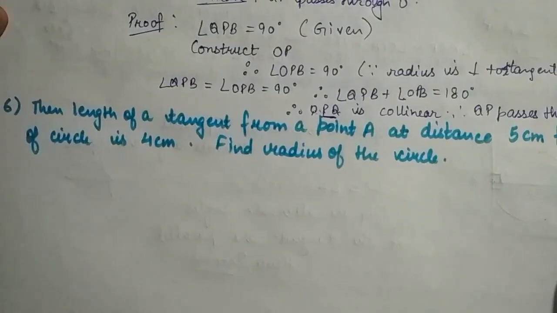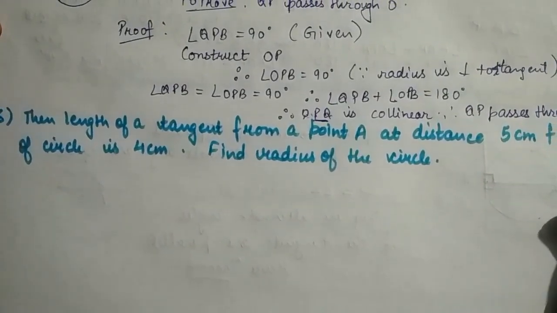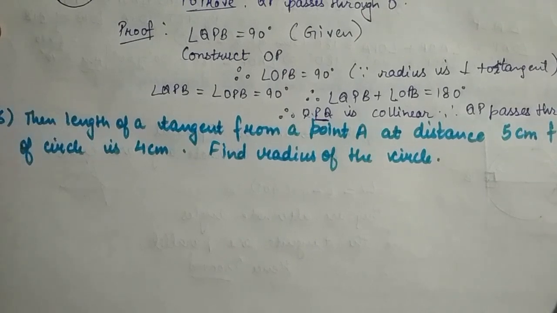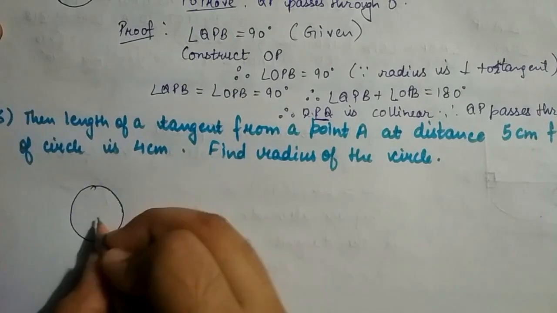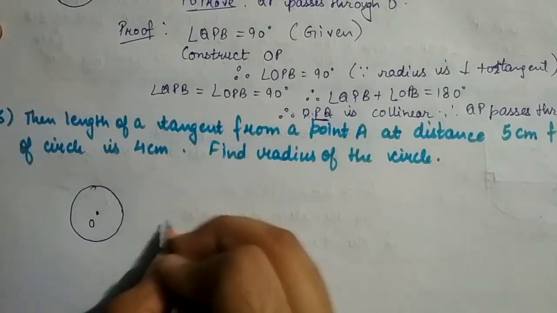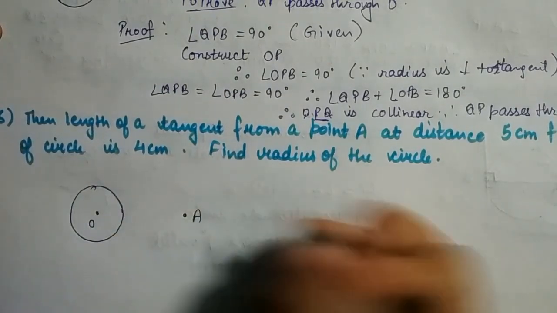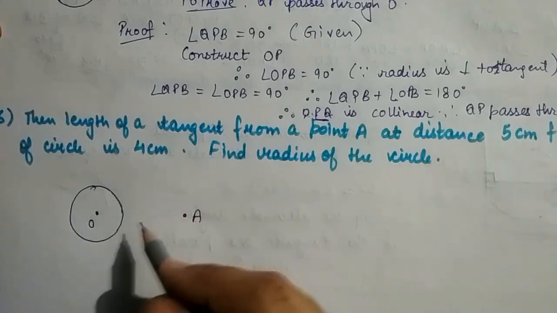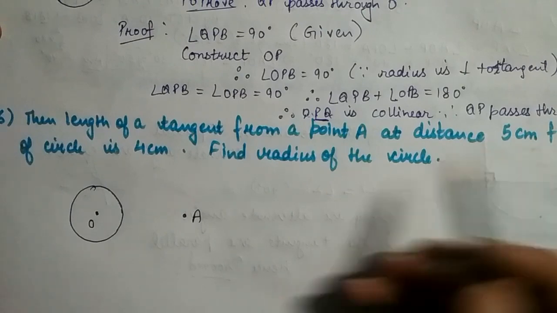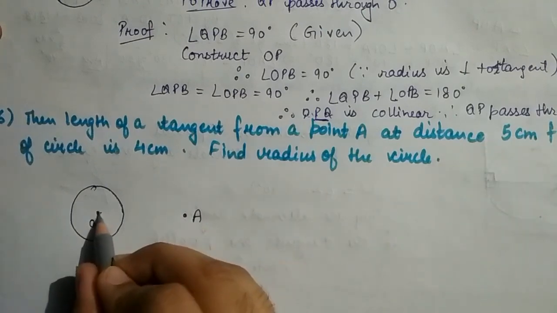The length of a tangent from point A at a distance 5 cm from the center of the circle is 4 cm. So this is a circle and this is the center O, and there is a point A. It is given that the distance of the point A from the center is 5 cm.